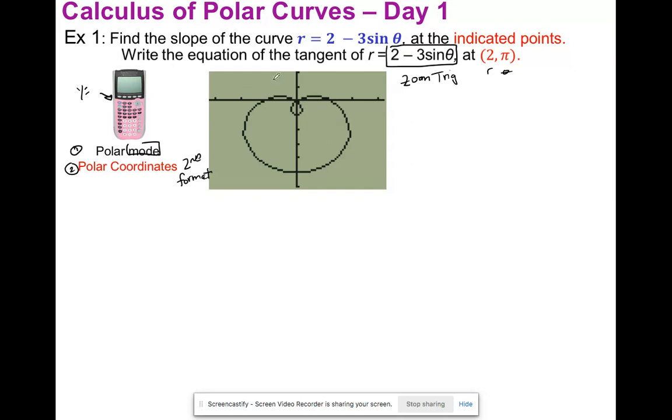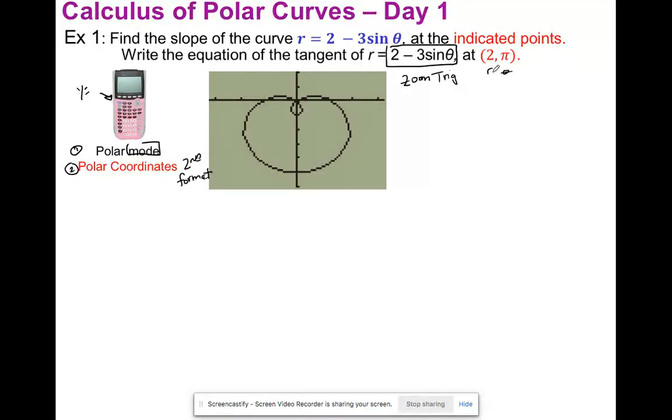So let's suppose they wanted the equation of the tangent line at 2 comma pi. I have my calculator in my hand. Hit trace. And notice if you have the polar coordinates turned on, R is 2 and theta is 0. You don't want theta to be 0. You want theta to be pi. You can't input the 2.